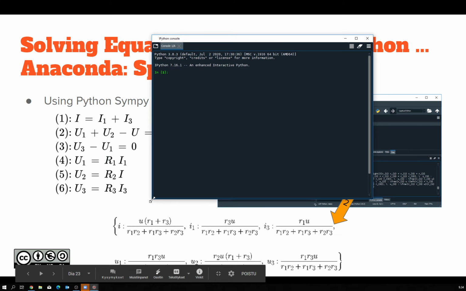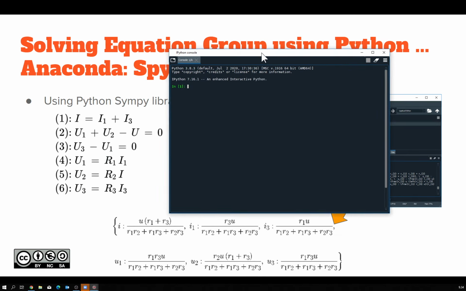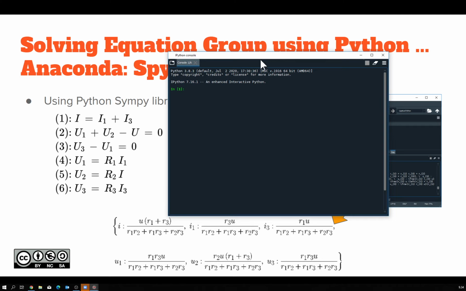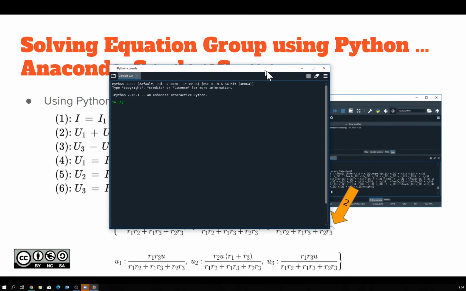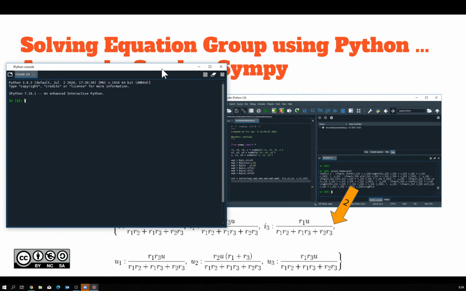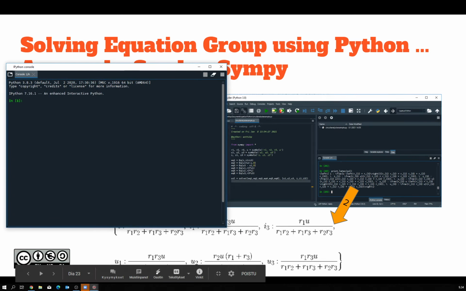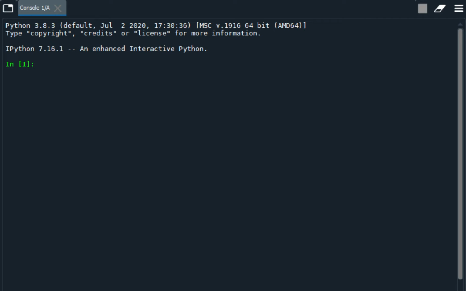I'm going to solve this equation group in this symbolic package, and there I need some information. Okay, now it's also a little bit bigger. So the first thing to do is we import everything from the SymPy library.